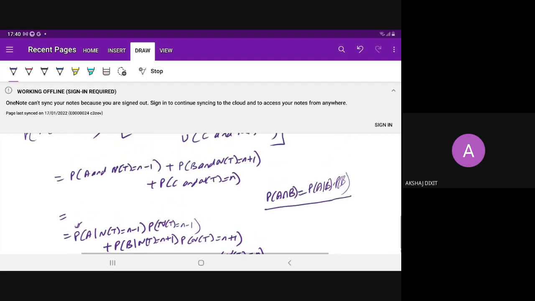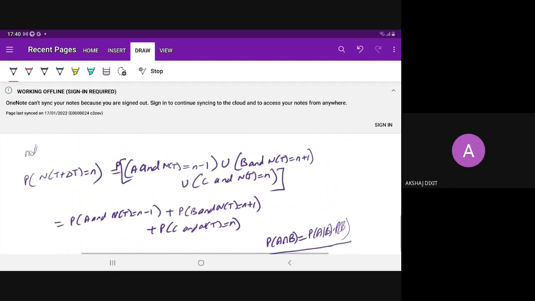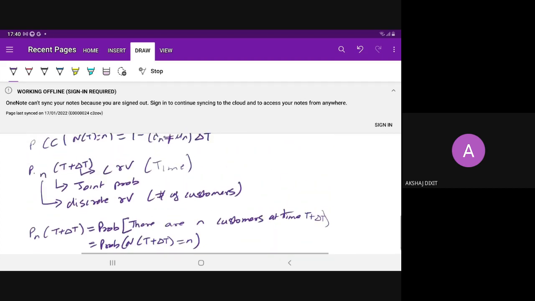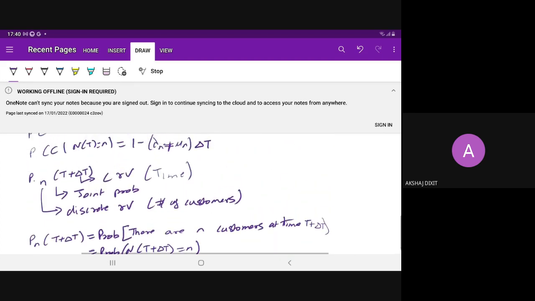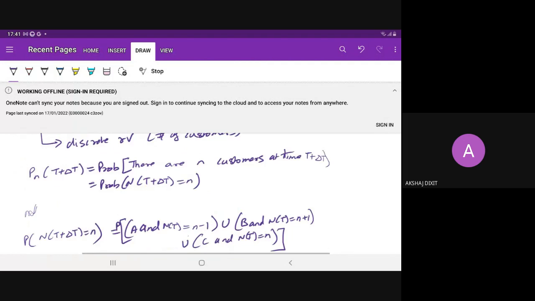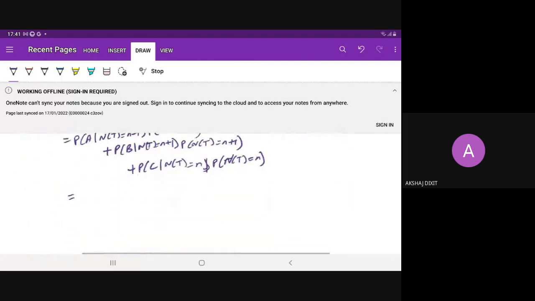Here I have already written P of A given N(t) is equal to n. It is what? Lambda n into delta t. So what will be the answer? Anyone please tell?